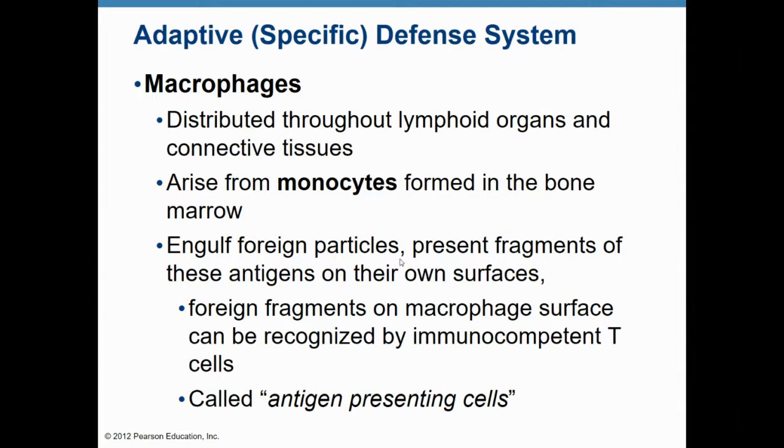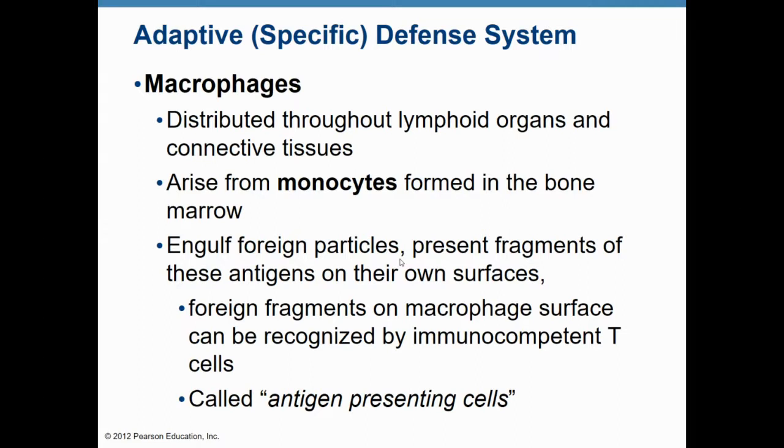Macrophages are capable of phagocytosis, right? They engulf foreign particles, but then they do a really neat trick. They capture these foreign antigens, engulf them, use digestive enzymes in the lysosomes to chop them up, and then display a little piece of that foreign antigen to our immune cells.